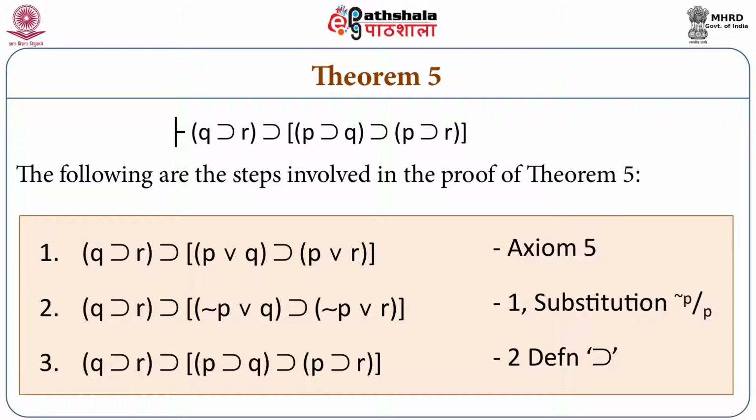That is, if Q implies R and Q itself is implied by another sentence P, then P also implies R. Now we have just reviewed or recapitulated module number 7. We have seen what are axioms and what are the rules of axioms, rules of inference, and then we have also seen some important theorems which can be derived from the given axioms.